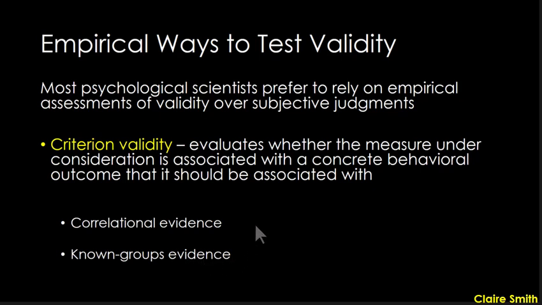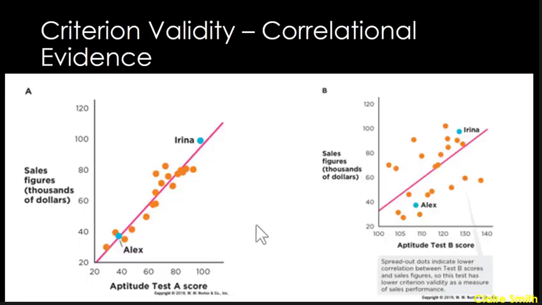Okay, so I'll just show you an example to explain this here. So if we're doing criterion validity, again, making sure that what we're measuring is associated with that concrete behavioral evidence that we have, here we're looking at correlational ways to do that. Okay, so a business wants to determine which aptitude test to give potential candidates for their job, right?